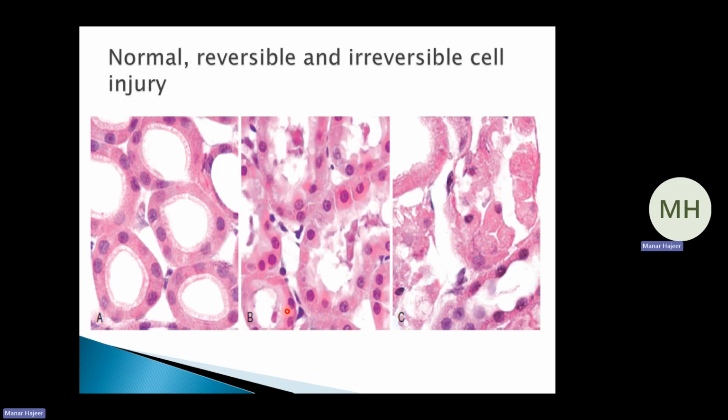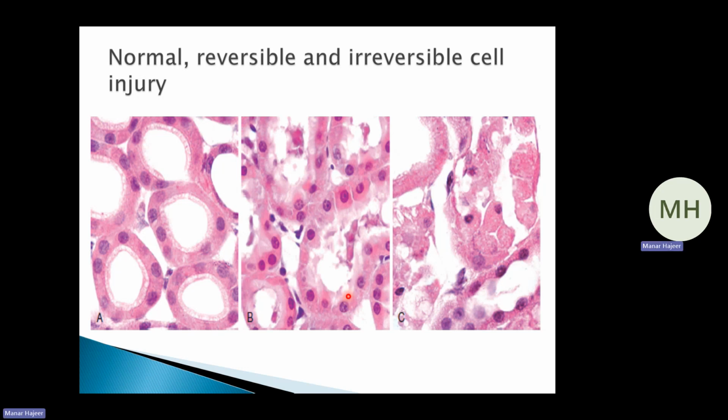So these pictures here show you the spectrum of changes that occur, from the normal cells in the first picture. In the middle, we have cells with reversible injury, and at the end to the left, we have cells with irreversible injury. The main difference in reversible injury is that the cells are swollen.